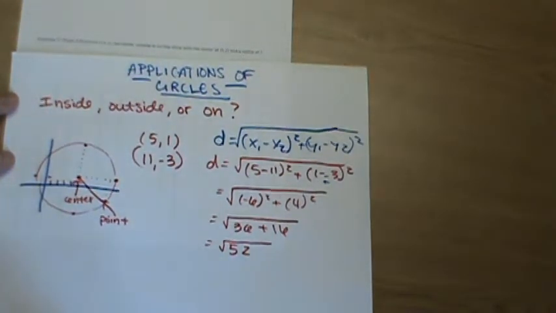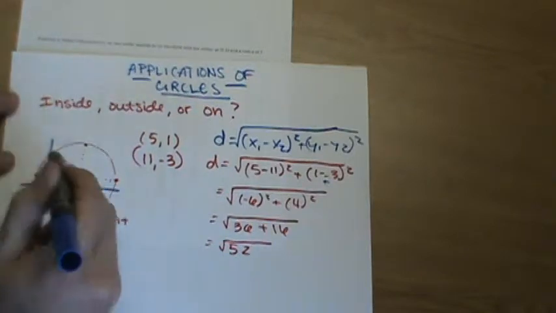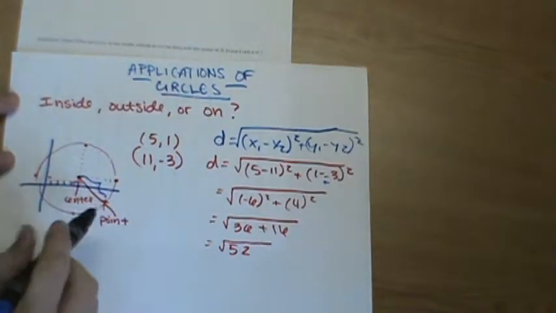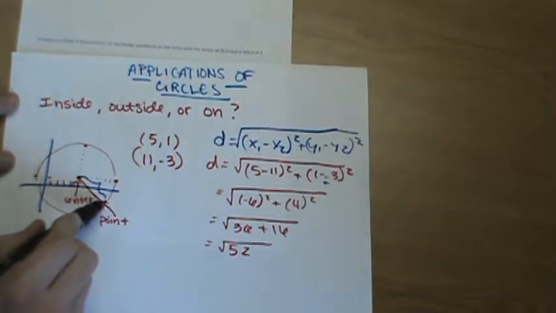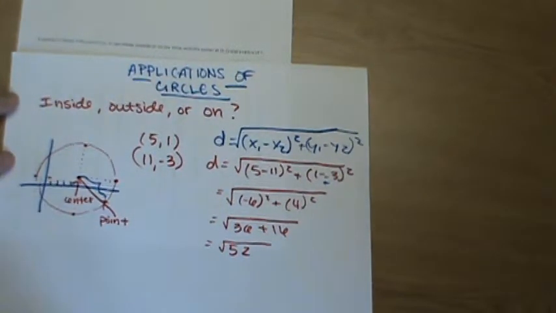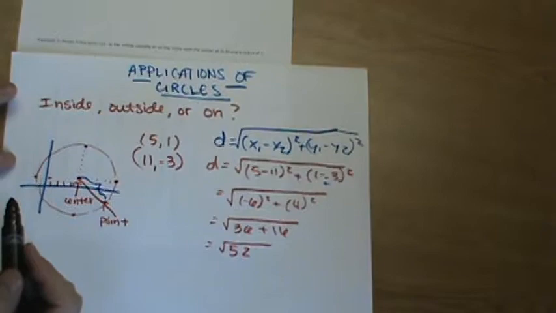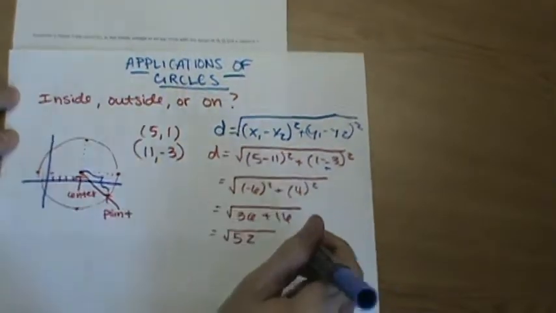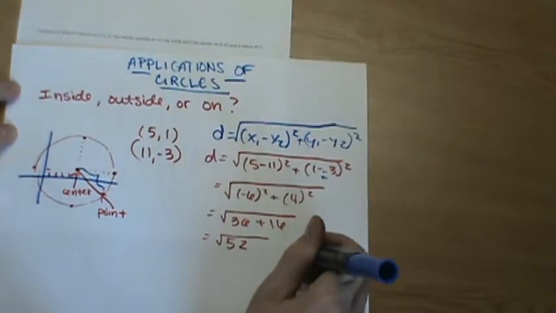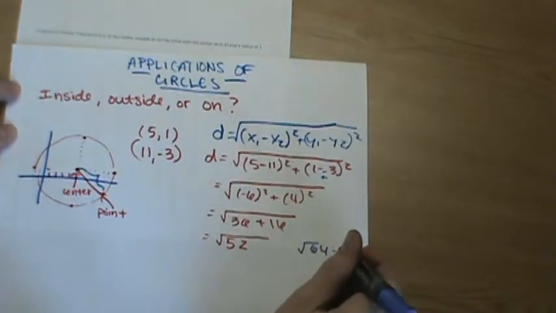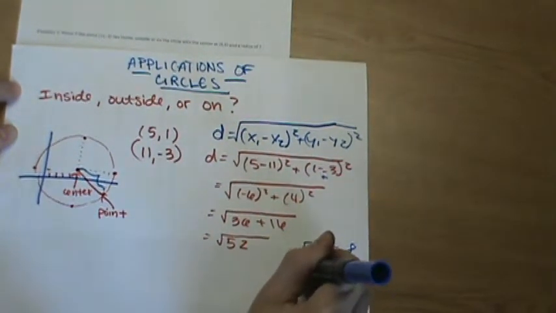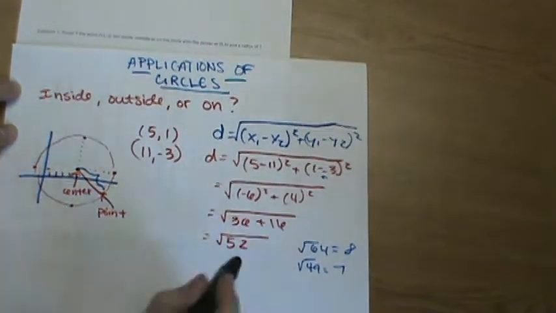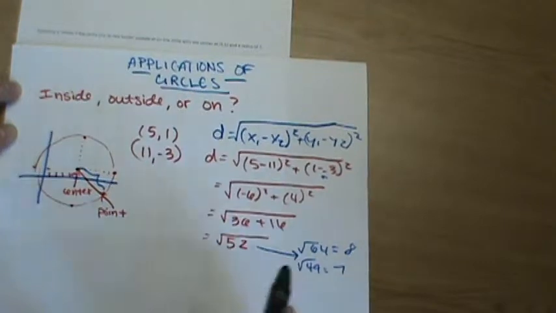So what is 52? 52 is this distance from the center until we're standing at that point. The square root of 52. Well, what's that as a decimal? I know that the square root of 64 is 8, and I know that the square root of 49 is 7. Well, this square root of 52 is somewhere in between there.